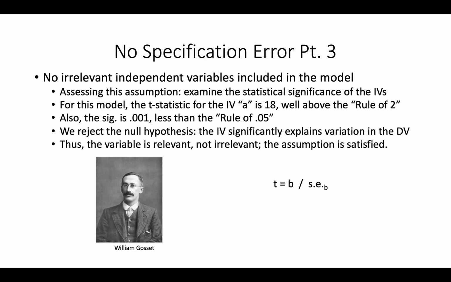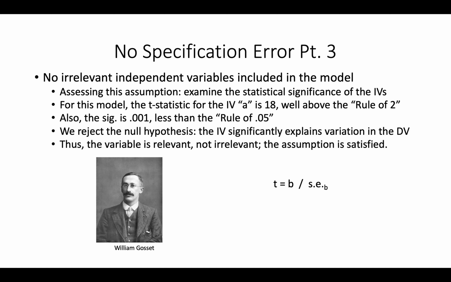The final subassumption of the no specification error assumption is that there are no irrelevant independent variables included in the model. To assess this assumption, we examine the t-statistics and sigs of the independent variables in the model. The process is straightforward.